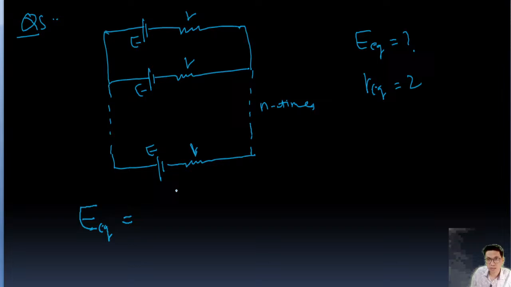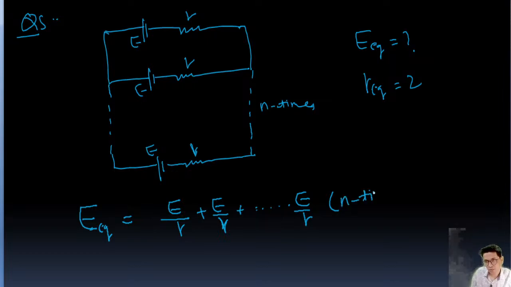E equivalent formula, this we know, right? So E1 upon R1 plus E2 upon R2, they are the same, right? Plus so on, because there are n voltages in parallel, up to E upon R. This is n times, upon 1 upon R plus 1 upon R plus so on 1 upon R. This is also n times.